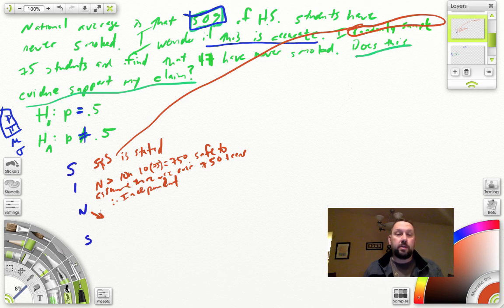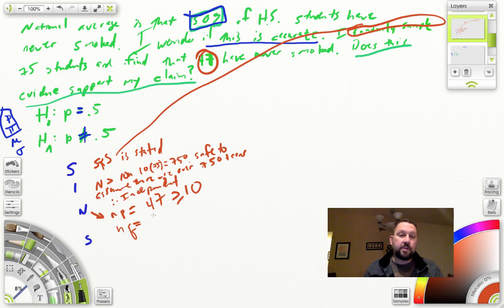N is my normality question. When we're doing a binomial, or in this case a proportion test, np is my number of successes. So in this case, np is 47. That came right out of the reading, 47, which is greater than or equal to 10. nq is the number of failures, so in this case, people who do smoke.